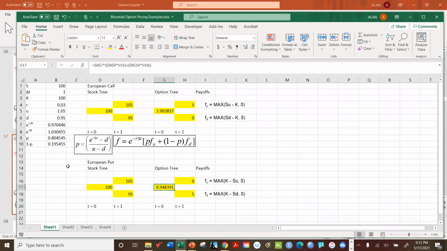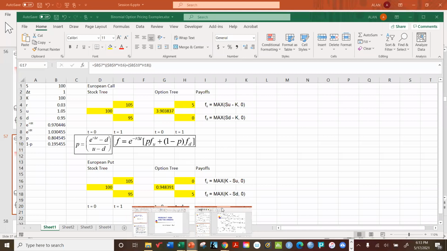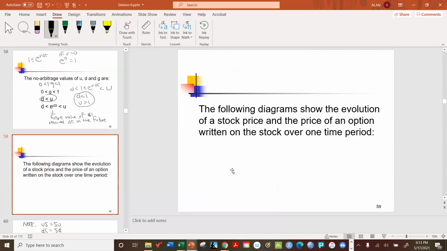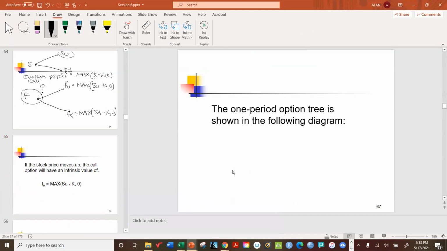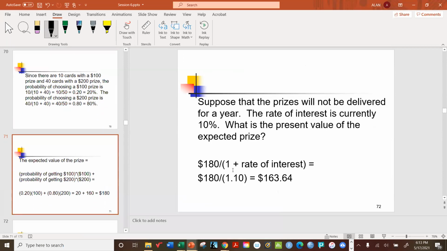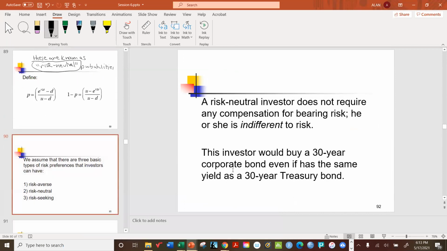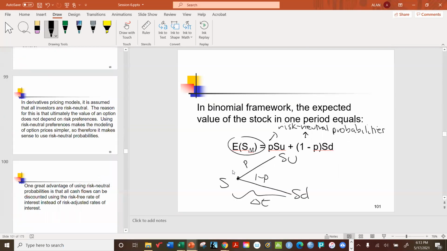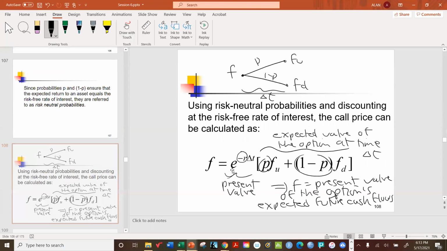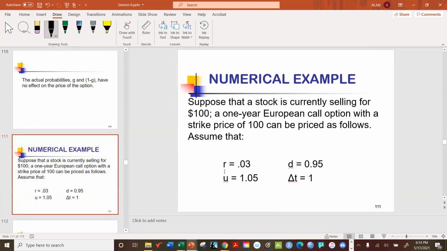Sheet 1 is a European call. And I think this one was taken from the slides. Let me just go find it. I think this is it.